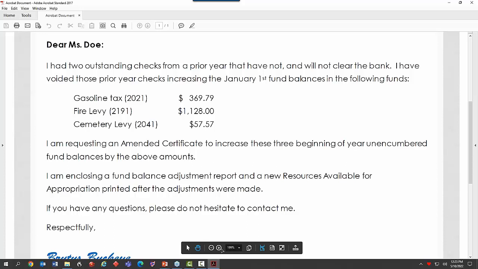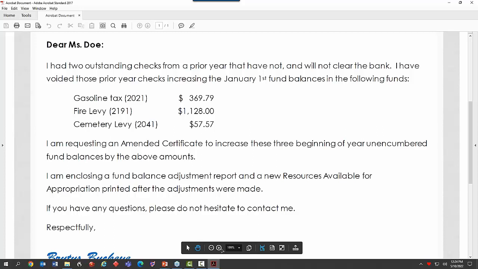But I had 2 outstanding checks from a prior year that have not and will not clear the bank. I have voided those prior year checks, increasing the January 1st fund balances in the following funds. And you're saying, wait, Trina, you said there are 2 outstanding checks. Yes, but they were paid from multiple account codes. So one of those checks came from 2 different account codes, so I have to put the money back in the fund.